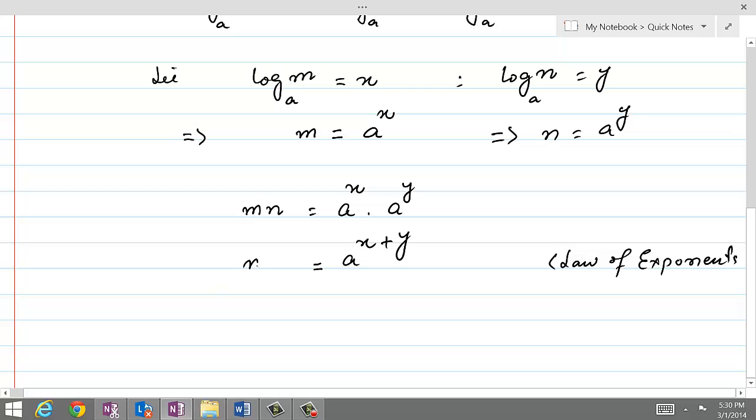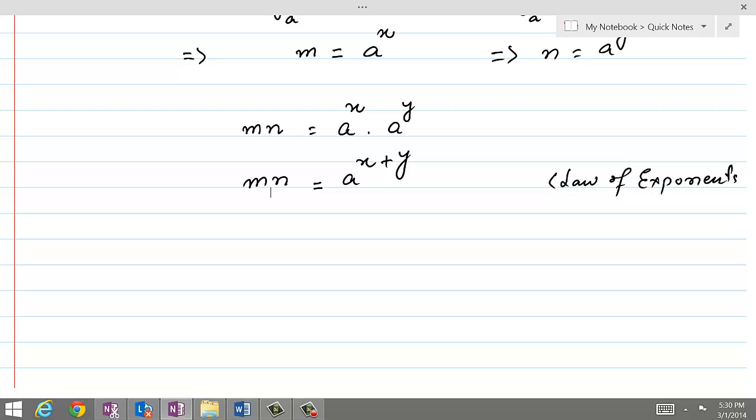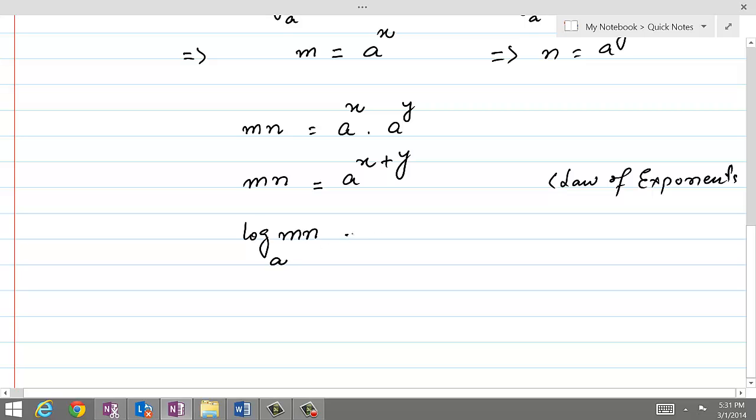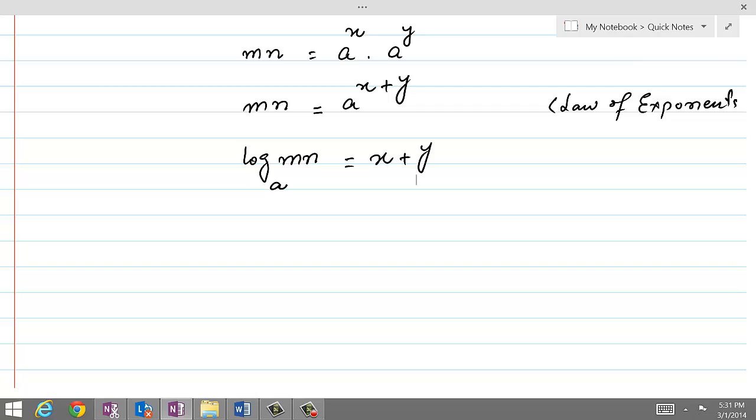And what is on the other side? On the other side it's still m into n. If we change this exponential form into logarithmic form again, this will become log of m n with base a is equal to x plus y. And now you can place again the values for x and y.